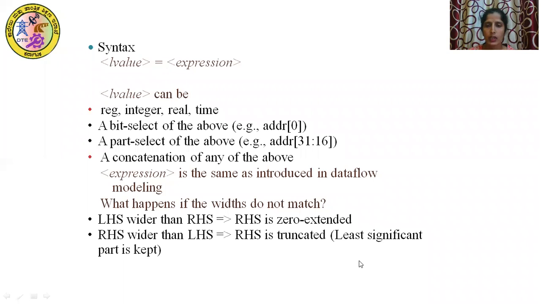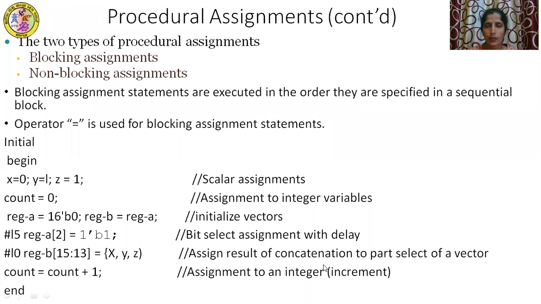So going on to the next part, let us see the two types of procedural assignments in Verilog. The two types of procedural assignments are blocking assignment and non-blocking assignment. So let us know in detail about blocking assignment statements and non-blocking assignment statements in Verilog.